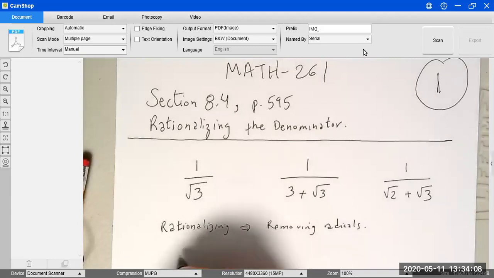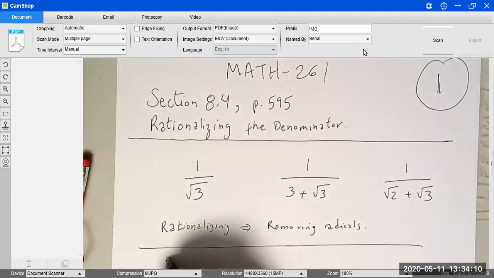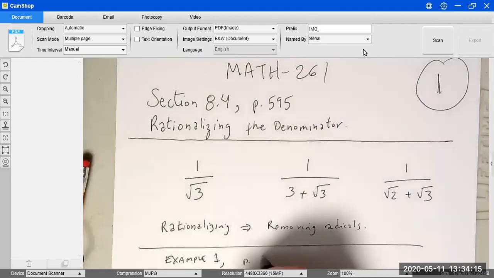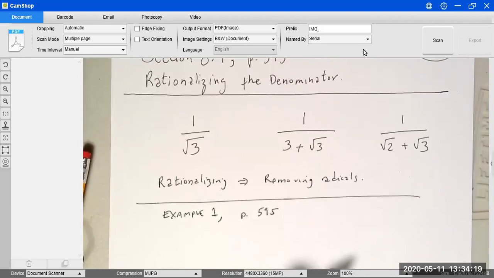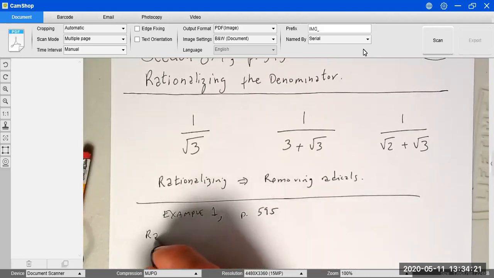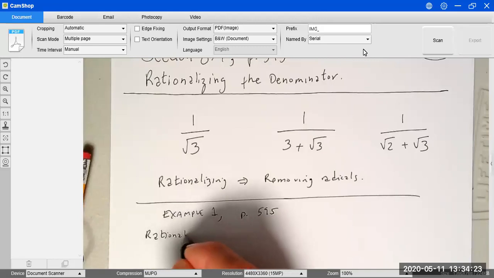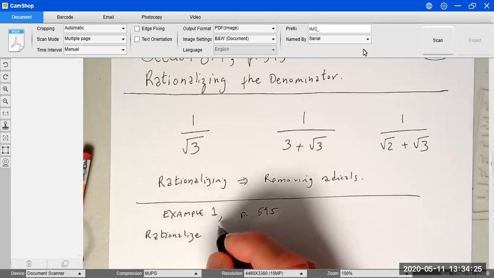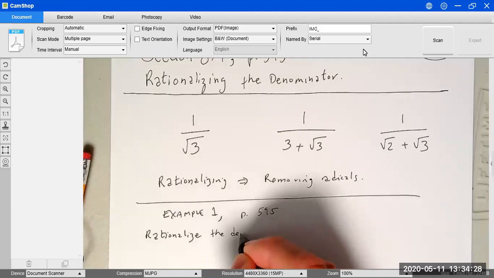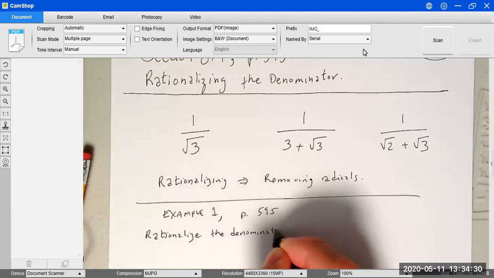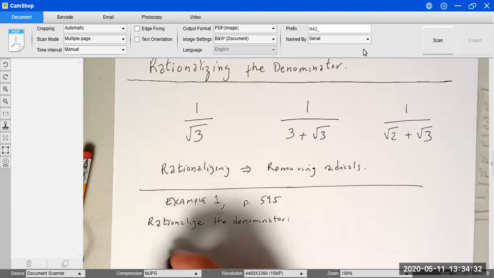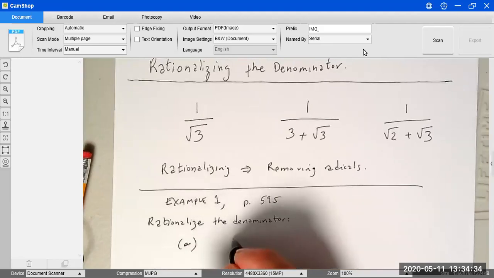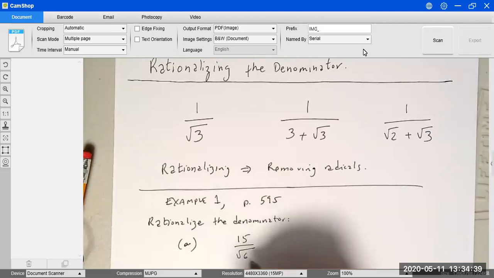So we're going to solve example 1 on page 595, and it's about rationalizing the denominator. The first case is 15 over square root of 6.